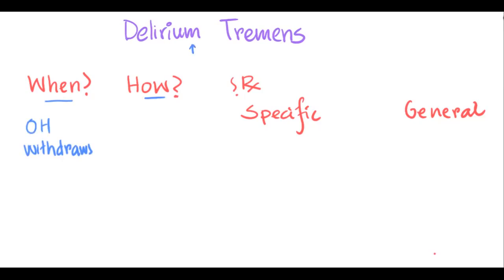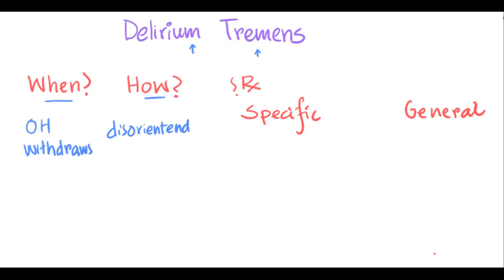How does it present? To know this, look at the words delirium tremens. So delirium, the patient will have delirious features such as abnormal orientation. The patient will have a fluctuating level of consciousness. He will be disoriented.